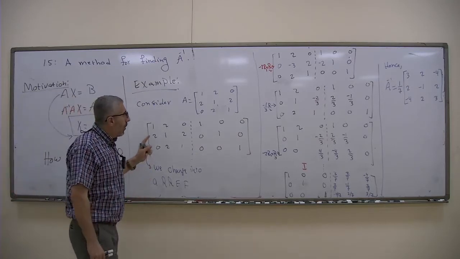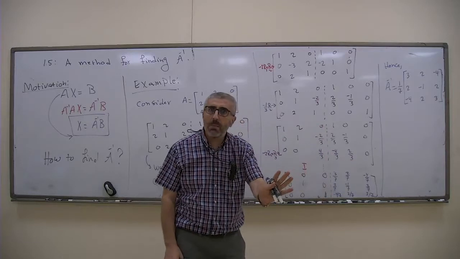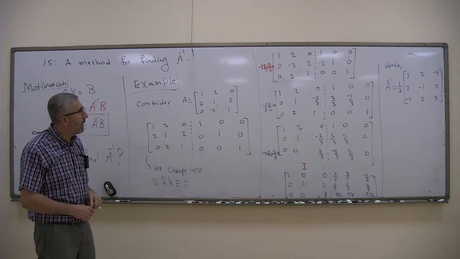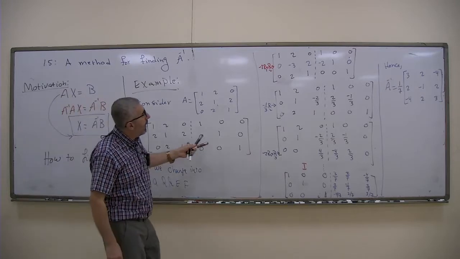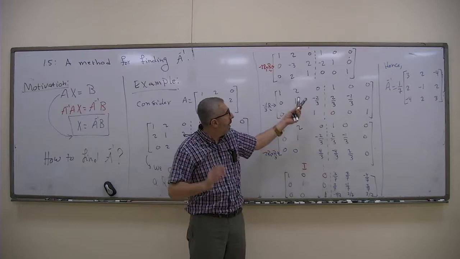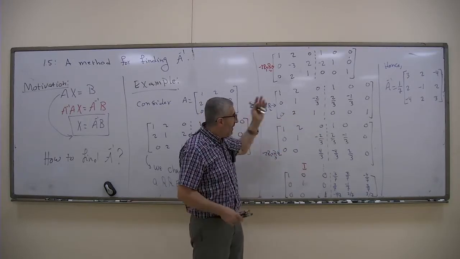It works whether your matrix is a 3x3, or 4x4, or 100x100, or a million by million. It doesn't matter. Okay? So the method itself is easy. Of course, if your matrix is bigger, you can expect the numbers to not be nice. You can expect nasty computations. However, it is a very easy algorithm.